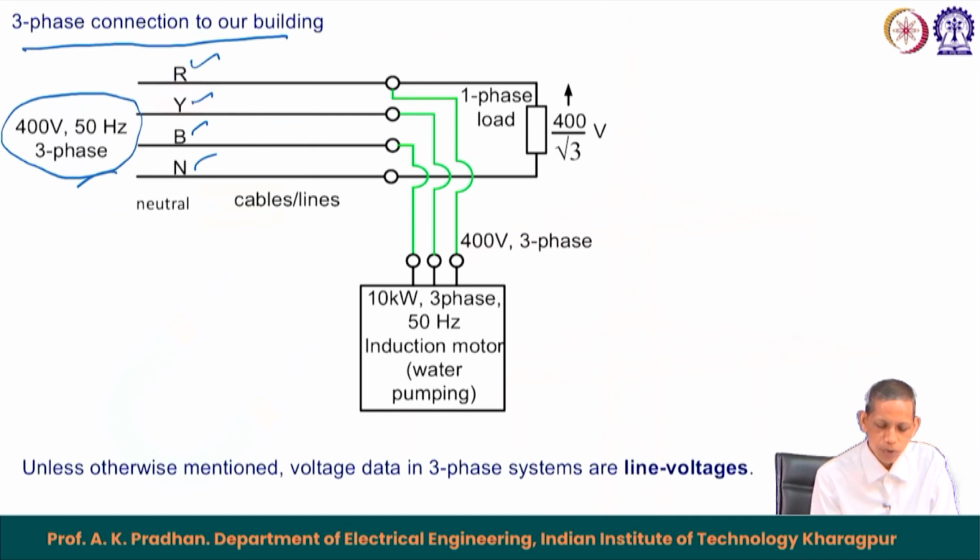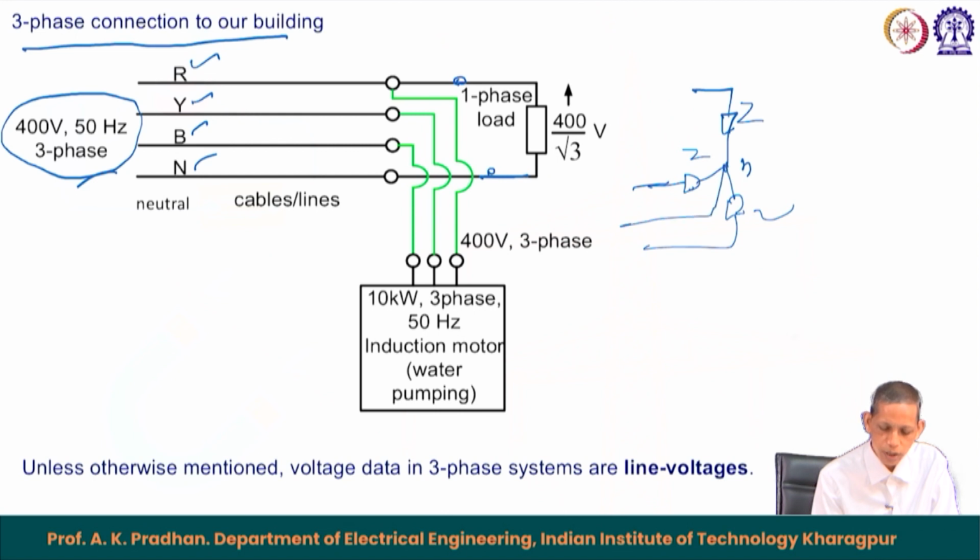Then the corresponding phase connection you can take from any of the phases, that is R and N. So, this becomes a star connected system, because, as already mentioned, a star connected system has 3 impedances Z, Z and Z, and then we have this star point connected to the neutral wire.